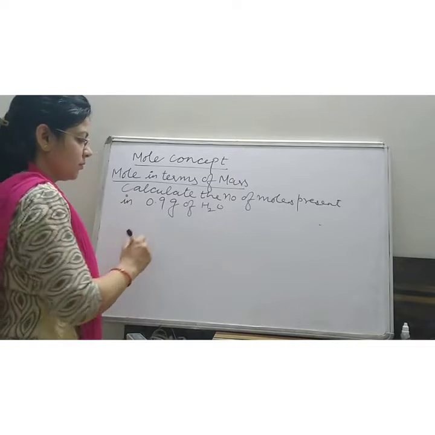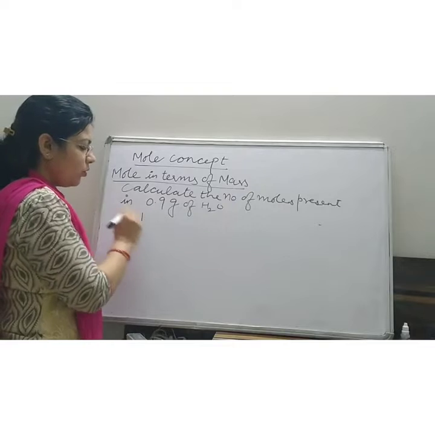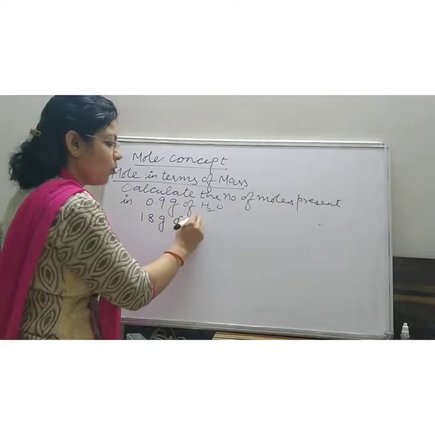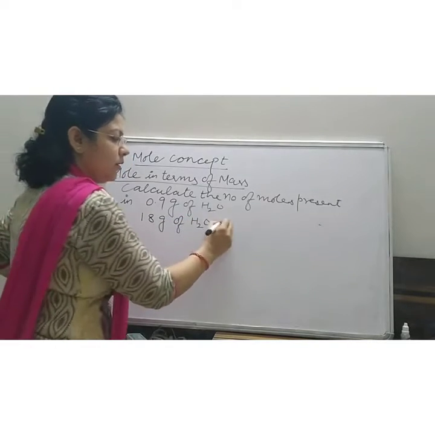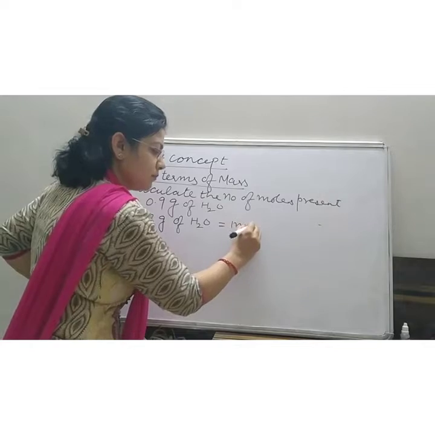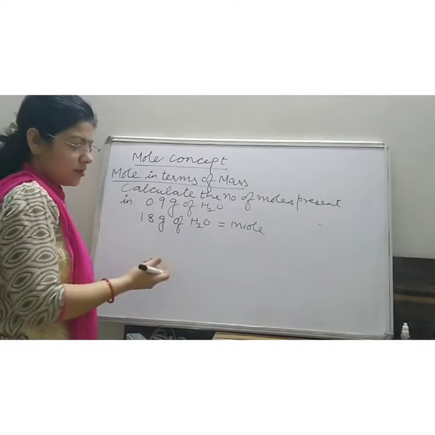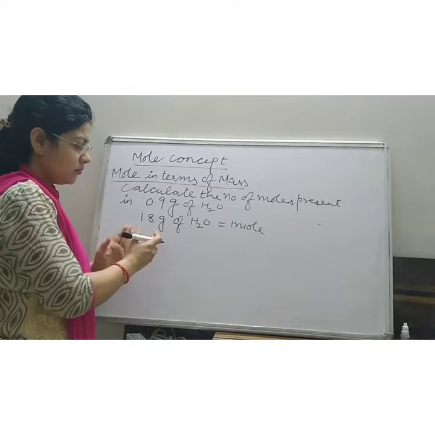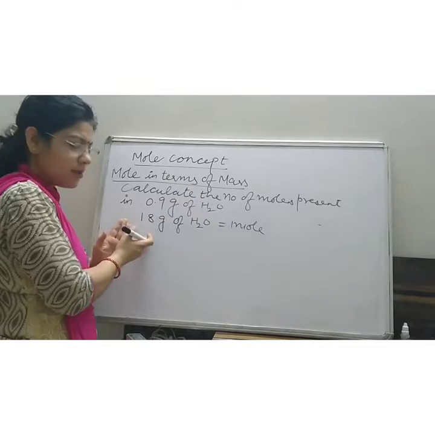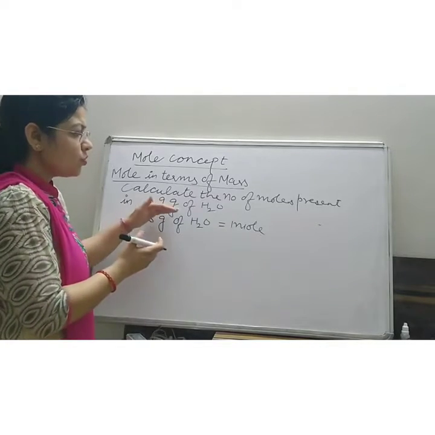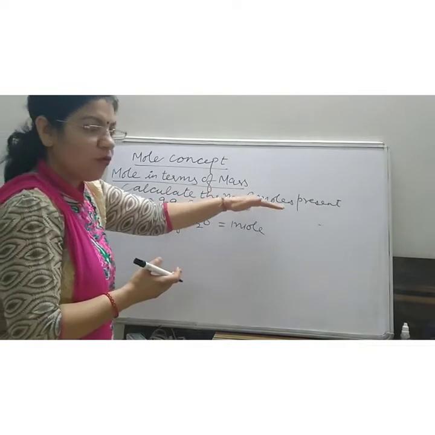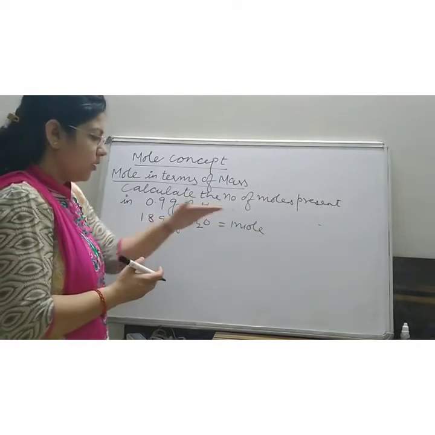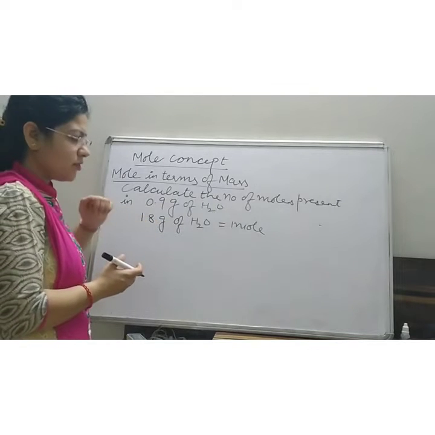How do we calculate? We know that 18 grams of water is equal to 1 mole, as in the previous concept we know that 1 mole of water has mass 18 gram. As in this question we want to calculate the number of moles, so we put the number of moles on the right side and mass on the left side.